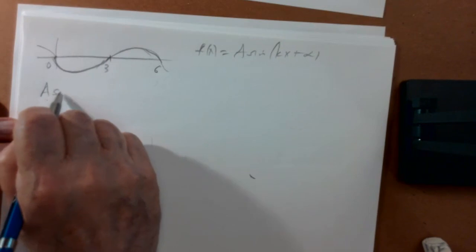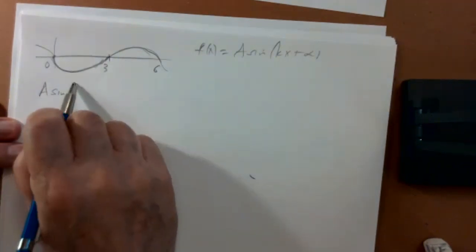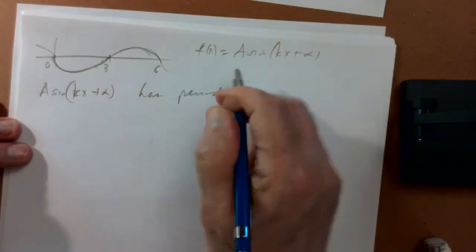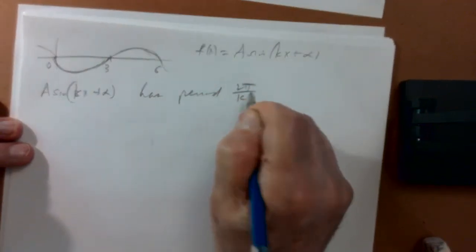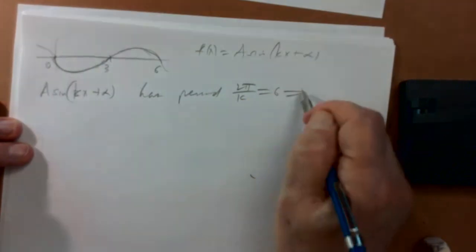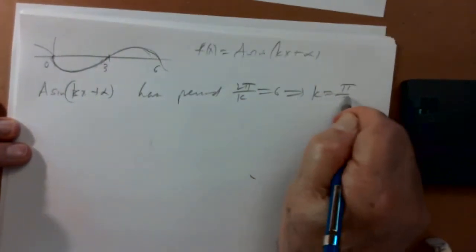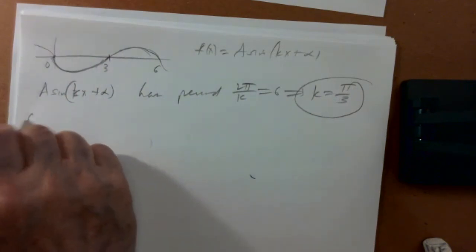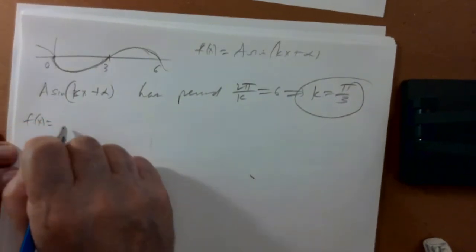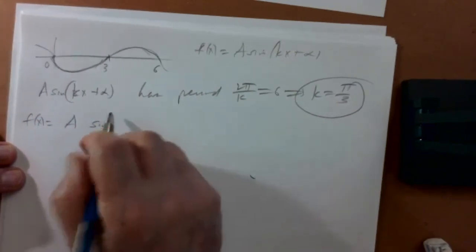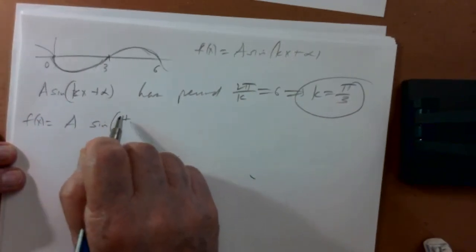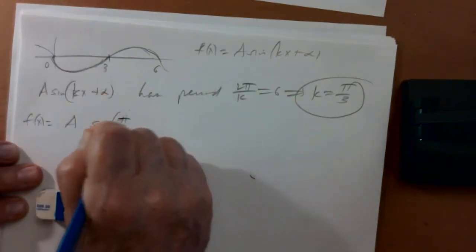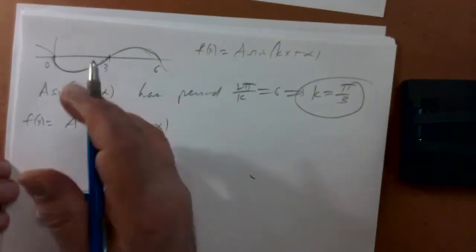So a sine of kx plus alpha has period 2 pi over k equal to 6, which means k is equal to pi over 3. So that's what k has to be. So our function is f of x equals A times the sine of pi over 3 x plus alpha.